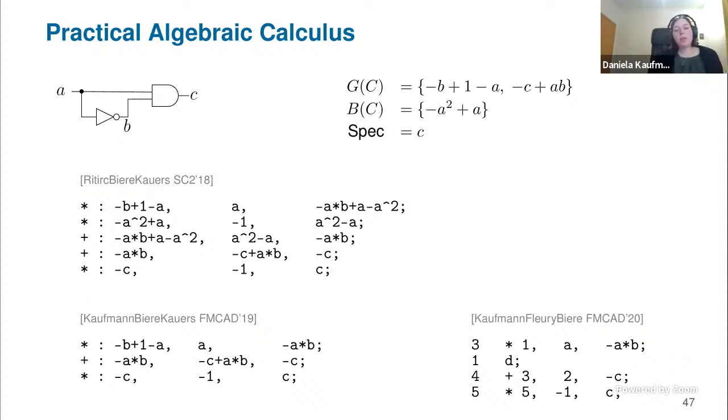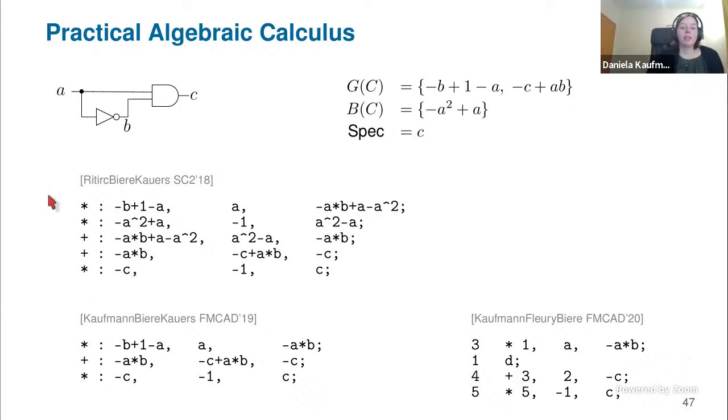During proof logging, we write down a sequence of multiplication and addition steps which help us to verify or validate the ideal membership of the specification.